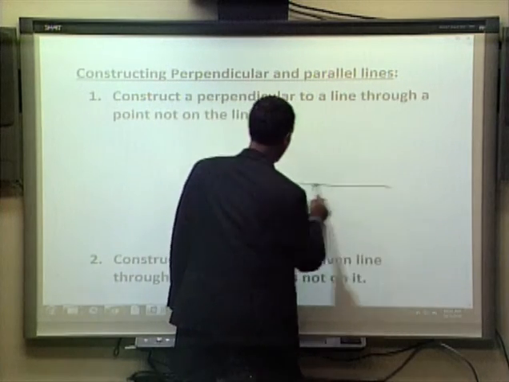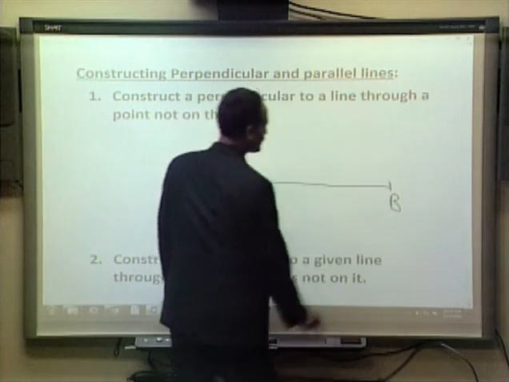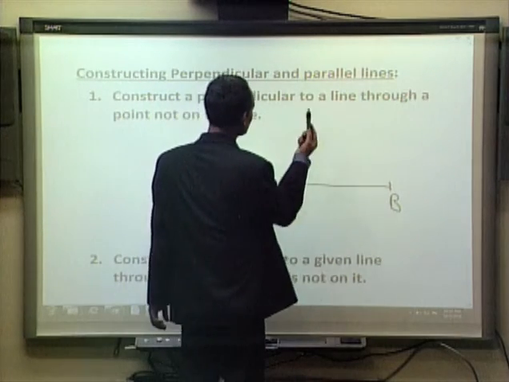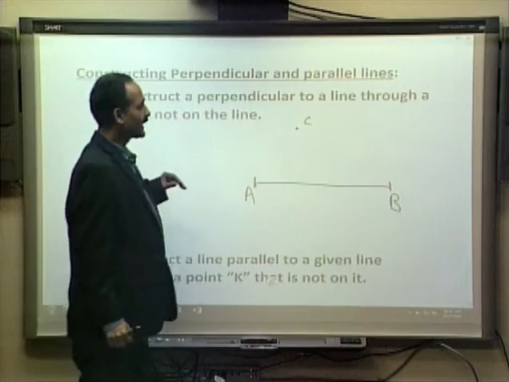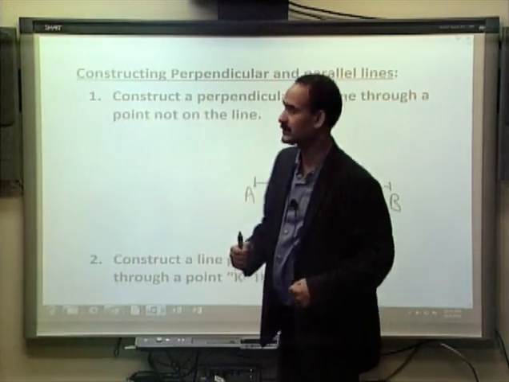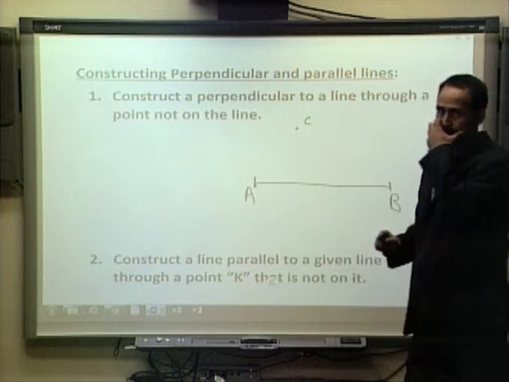Suppose this is a given line, let us say AB is a given line. We want to construct a perpendicular to AB from another point, let us say C. So, we are given a line and a point, and we are trying to construct a perpendicular from this point C onto the line AB.